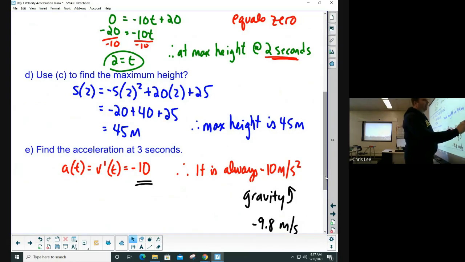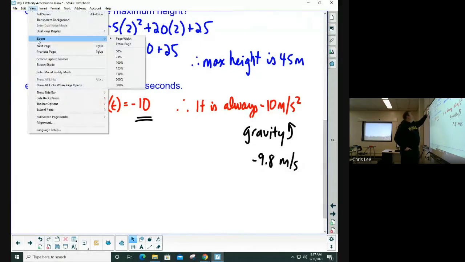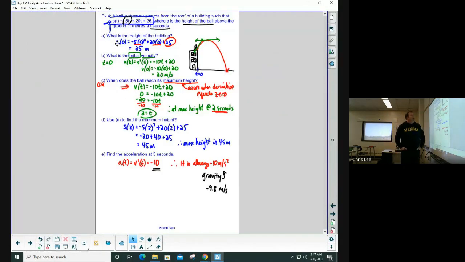You can see going back and forth and getting comfortable with all three functions: the distance or height function, the velocity function, which is the derivative of height, and the acceleration function, and knowing which one you would use in the different scenarios.